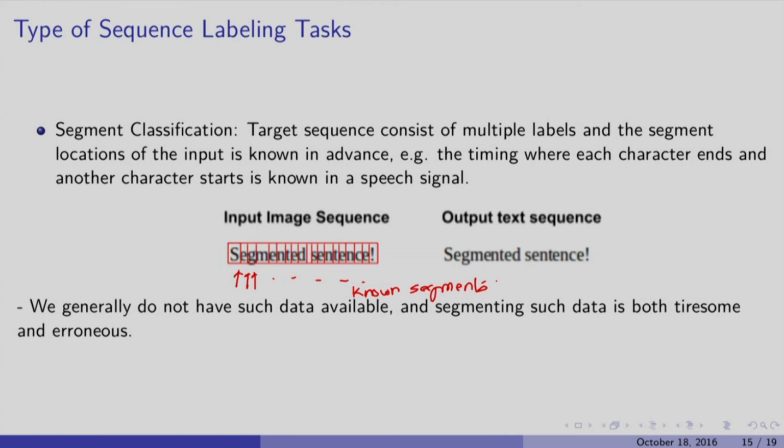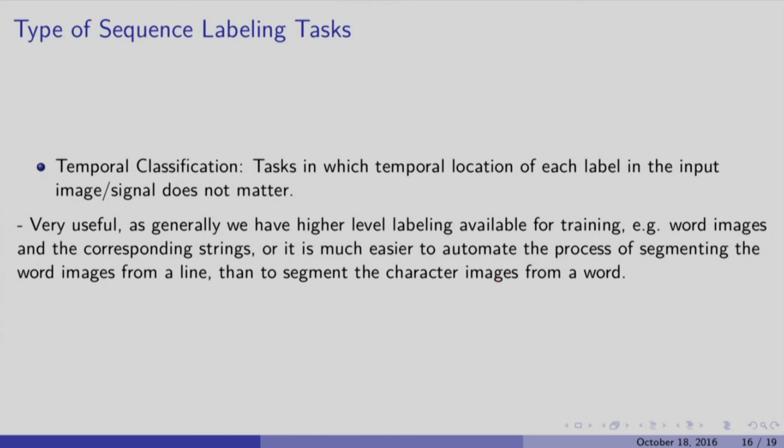However, we do not always have such data available, and segmenting such data can be very tiresome, sometimes even unnecessary and erroneous. On the other hand, many real world problems come under the third category, where temporal location of each label in the input does not matter as much.